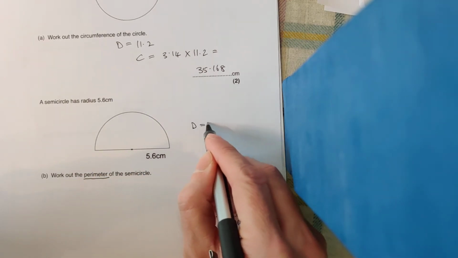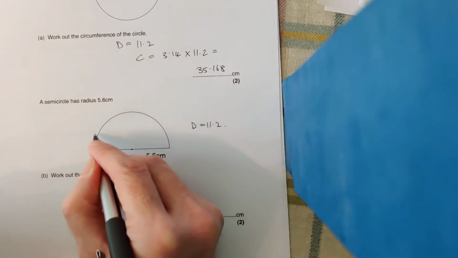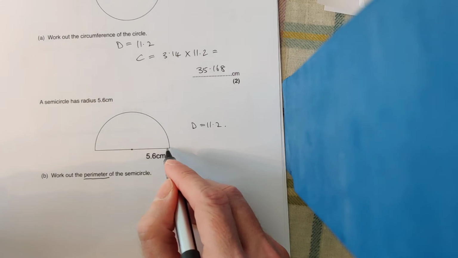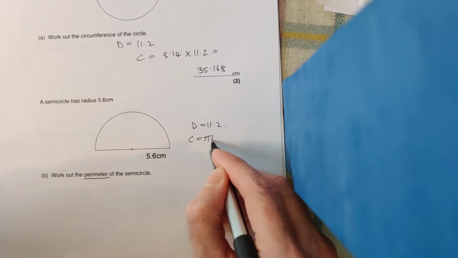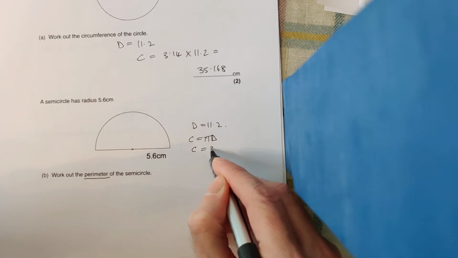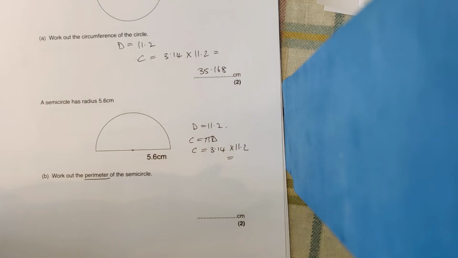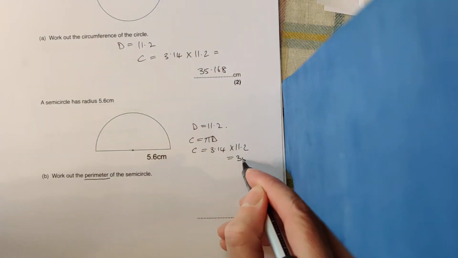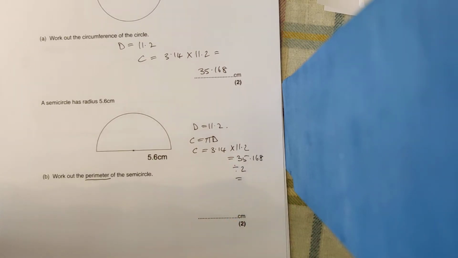So the diameter is 11.2. We need to work out this curved distance, which is going to be half of the circumference. Now remember, circumference is pi d, so the circumference is 3.14 by 11.2. So I'm going to type that in, and you get 35.168. Then I'm going to half that.